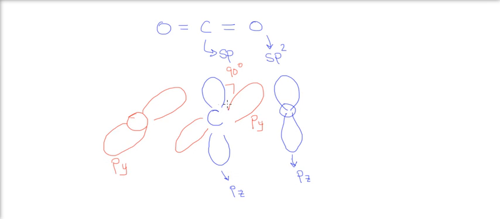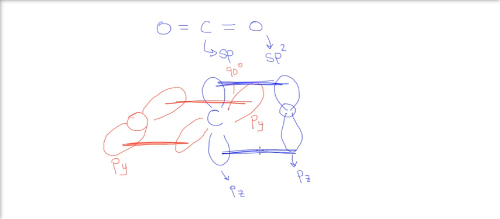And the reason for this is because the overlap of p orbitals, rather than being sideways, have to be parallel to each other in order to overlap. So one overlap occurs between the pz orbitals of carbon and one of the oxygens, and the other overlap occurs between the py orbitals of carbon and oxygen.